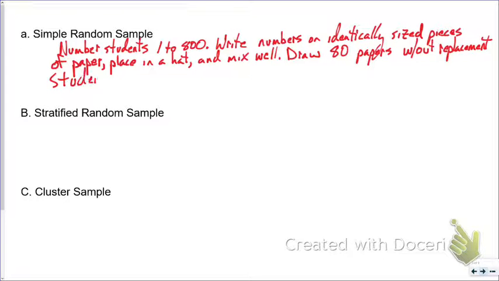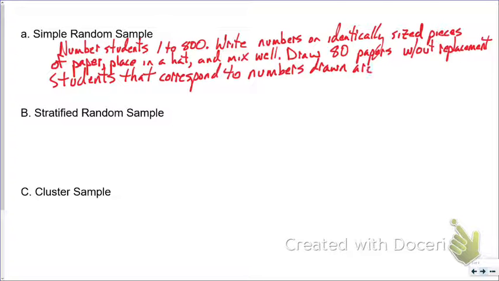Students that correspond to numbers drawn are in the sample.